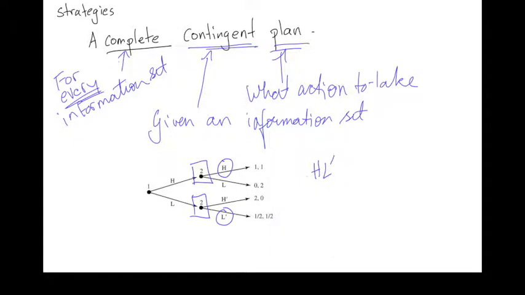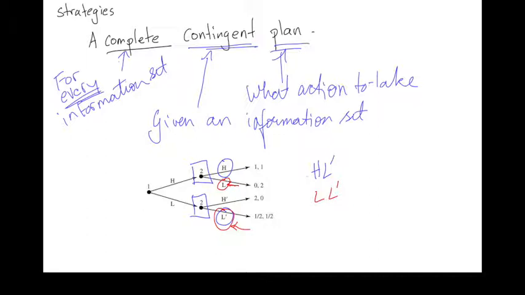Or alternatively, for L L prime, I would write L L prime. So if you see the list L L prime as a strategy for player two, you know that in the top information set, he's going to play L, and in this bottom information set, he's going to play L prime.